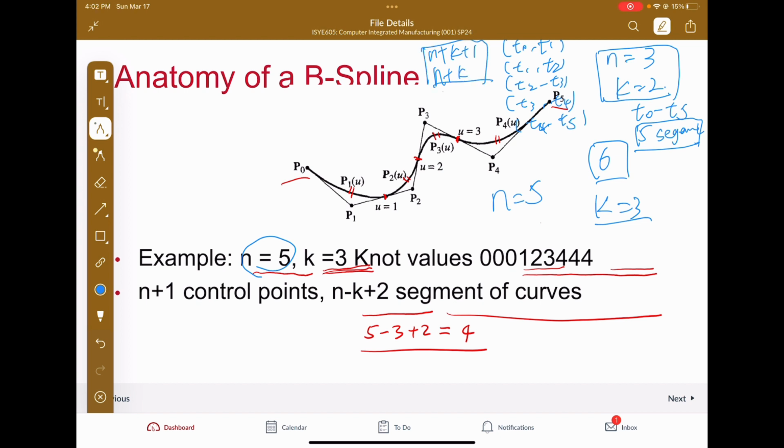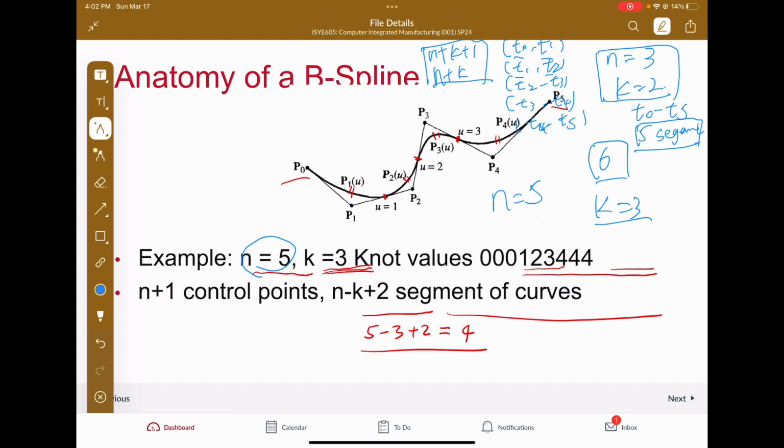This is for when the knots are periodic. For the periodic, every segment has the same interval, and every t number is different.